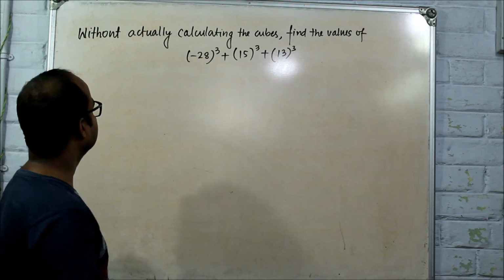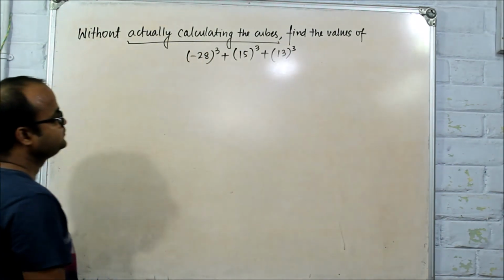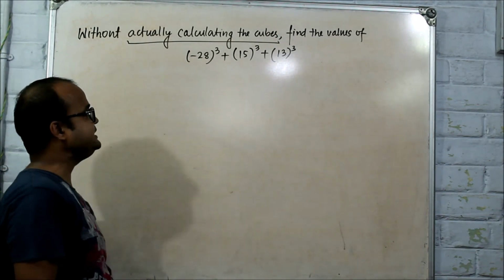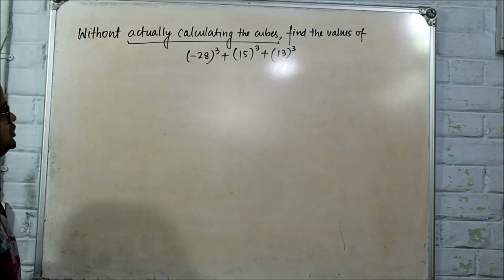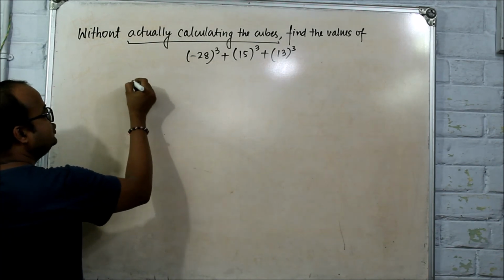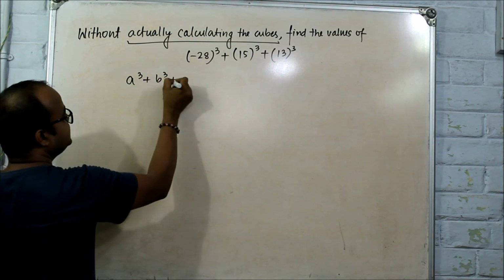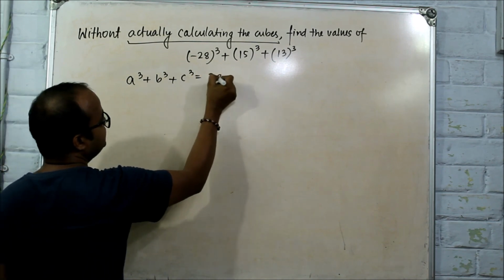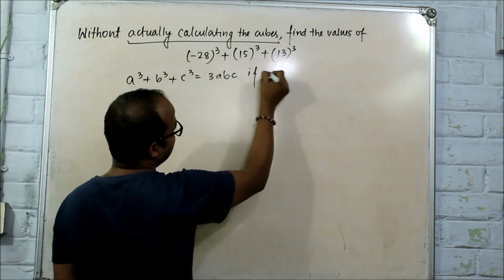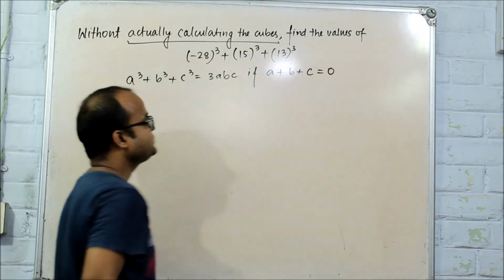moving into the next problem, without actually calculating the cubes, we have to find out the value of minus 28 cube plus 15 cube plus 13 cube. So we are going to use the formula that a cube plus b cube plus c cube is equal to 3abc if a plus b plus c is equal to 0.